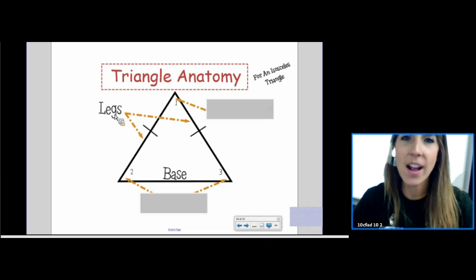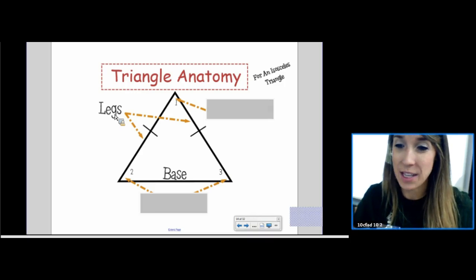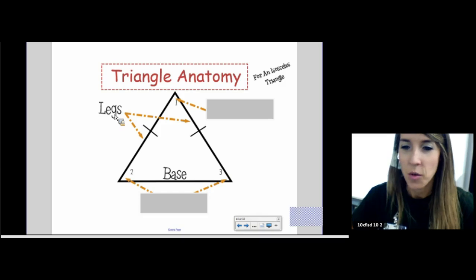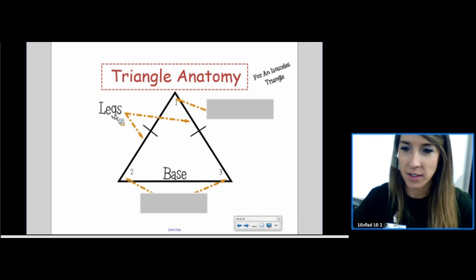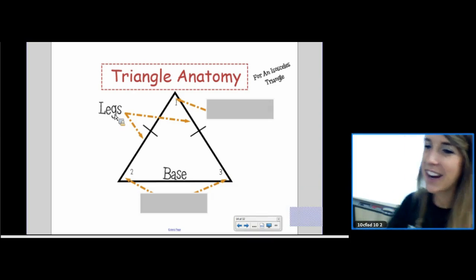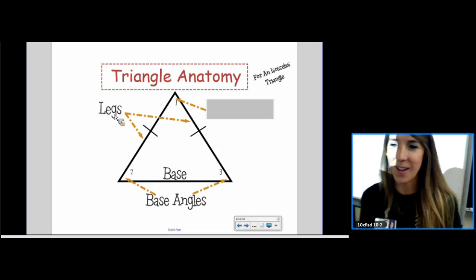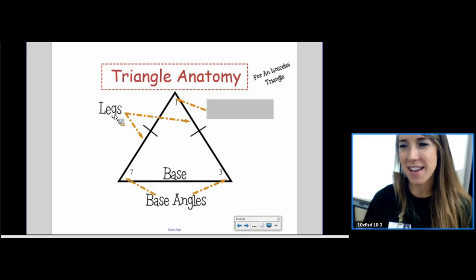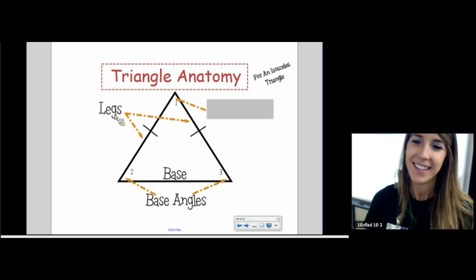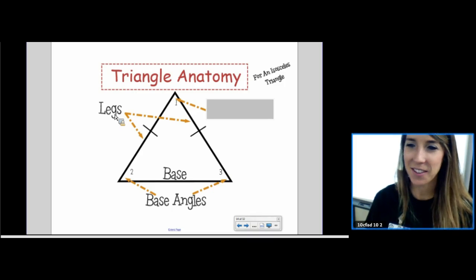Okay, what are the angles that surround the base? Use common sense. What are the angles that surround the base? We're not finding volume or area right now. Stop it. Hey, Sharon is right again. The angles that surround the base are called base angles. That's so cute that y'all said same side interior. Okay, base angles. Very good.